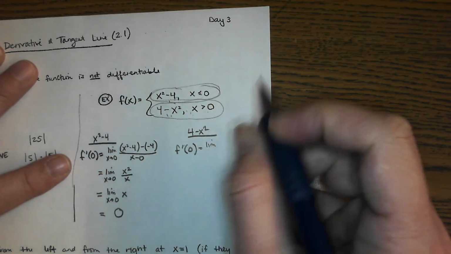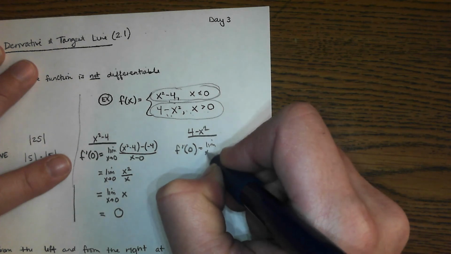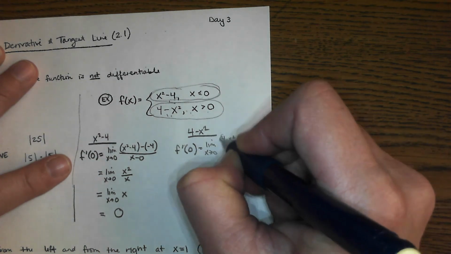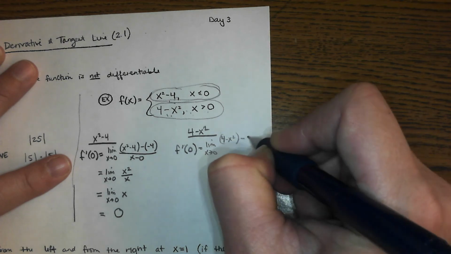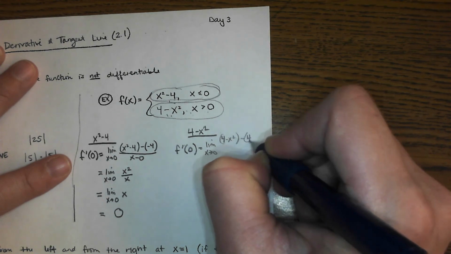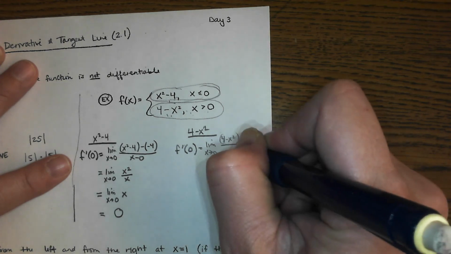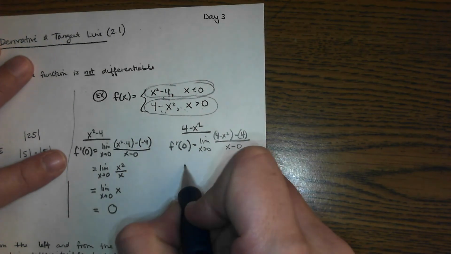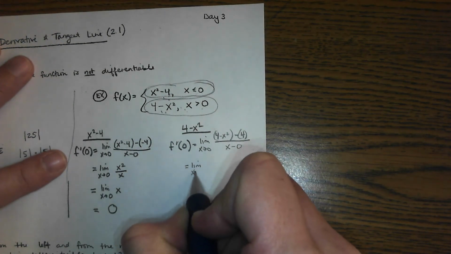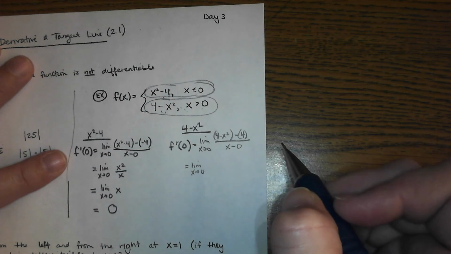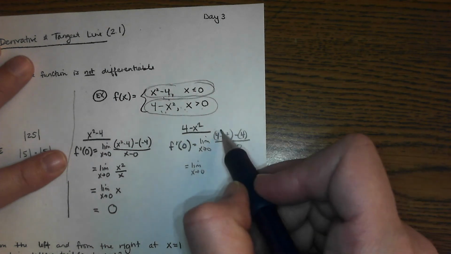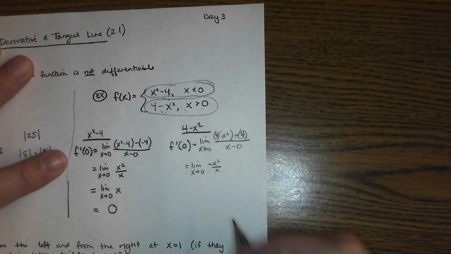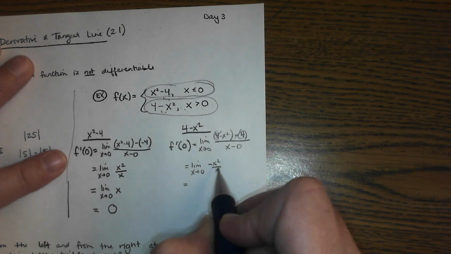And using the alternate form, 4 minus x squared minus f of 0, which will be 4, all over x minus 0, is going to give us the limit as x approaches 0. The 4 minus 4 will cancel. It'll be negative x squared over x, which again is indeterminate but can be canceled.